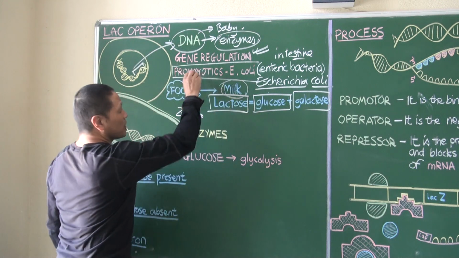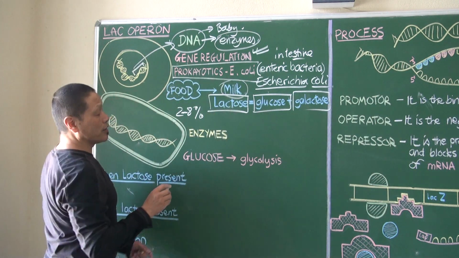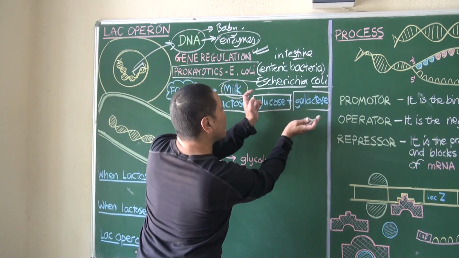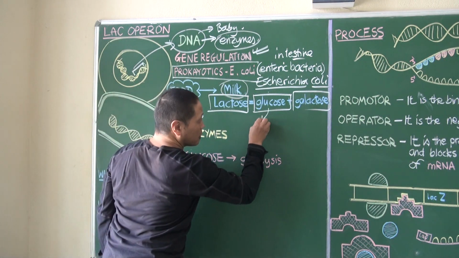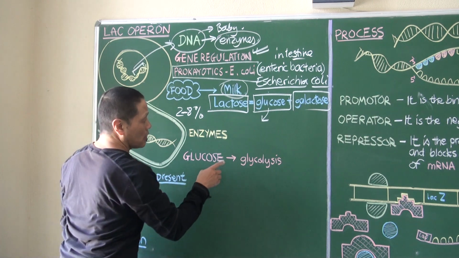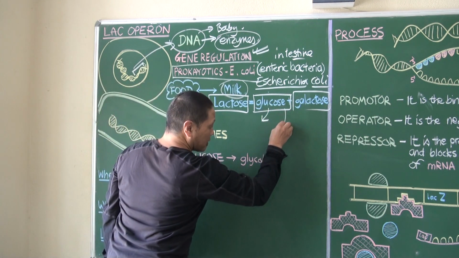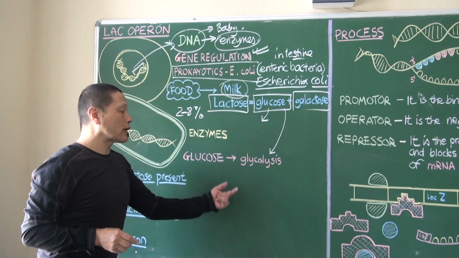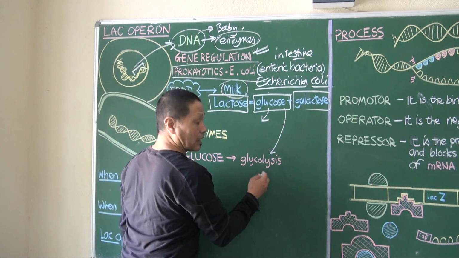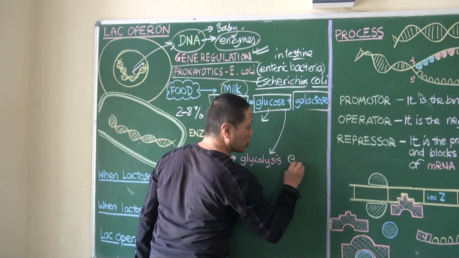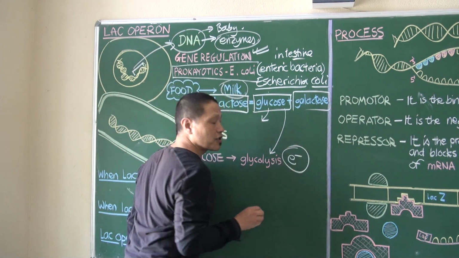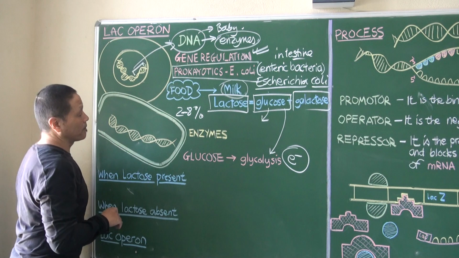Now, what the bacteria actually wants to do is break the lactose in order to obtain glucose, so that it can use that glucose for glycolysis. Glycolysis is the breakdown of glucose in order to release energy. With this energy, it can perform its work.